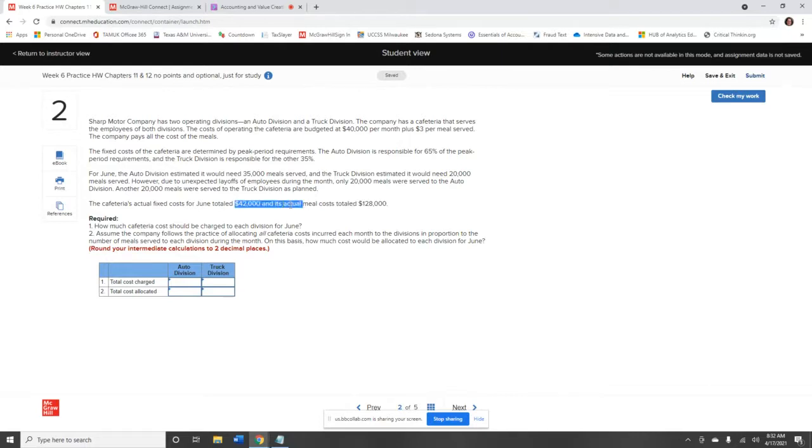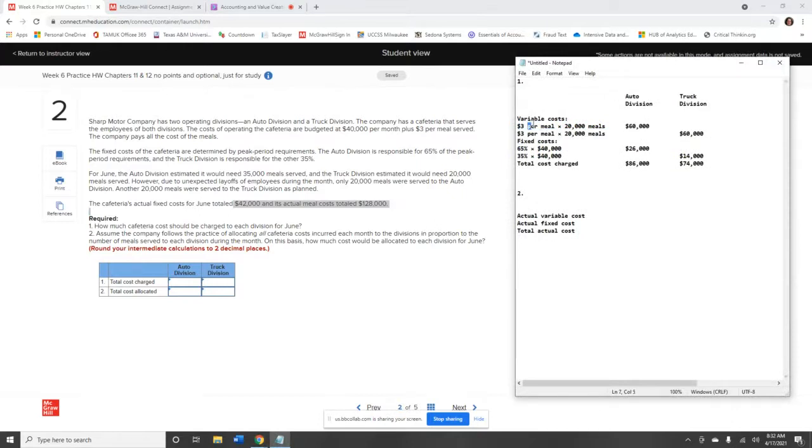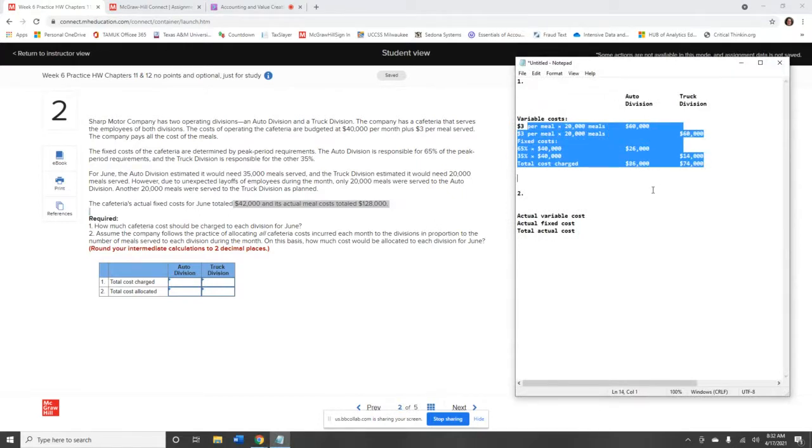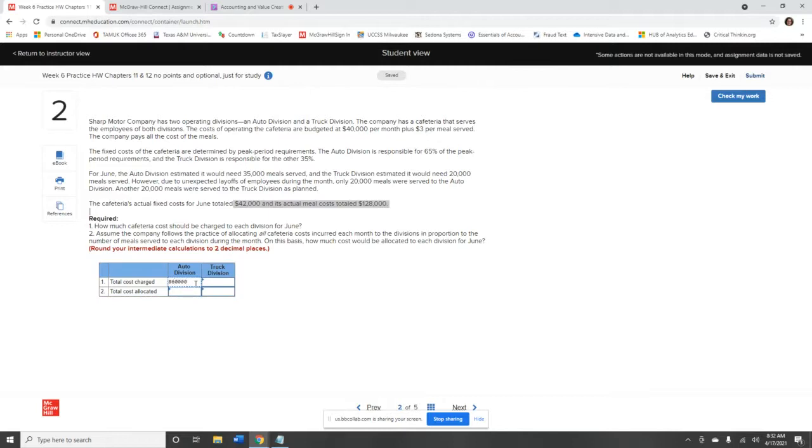So we have a $2,000 fixed cost variance and a $8,000 variable variance. So we've got these spending variances that aren't being accounted for when we do this, right? So we need to still fill in number one. So total cost charged to auto is 86,000. And the total cost charged to truck was 74,000.